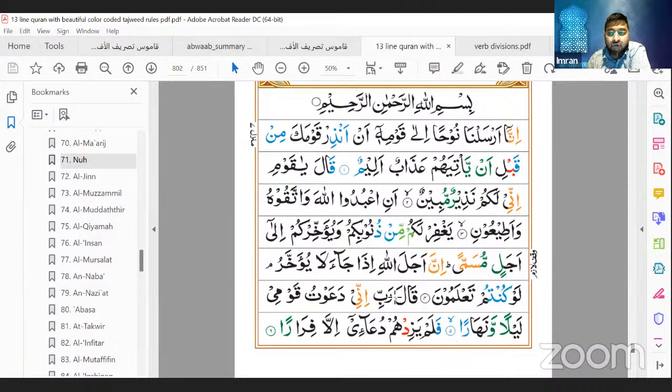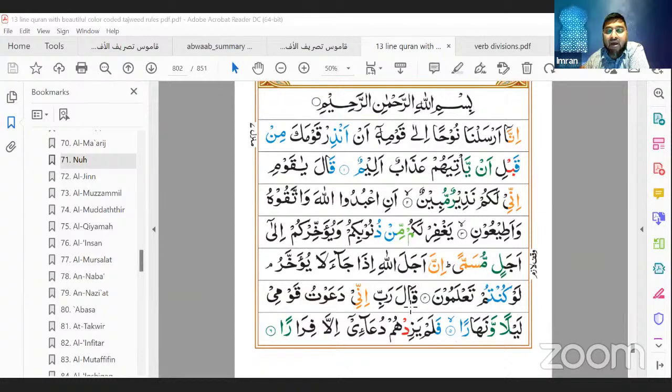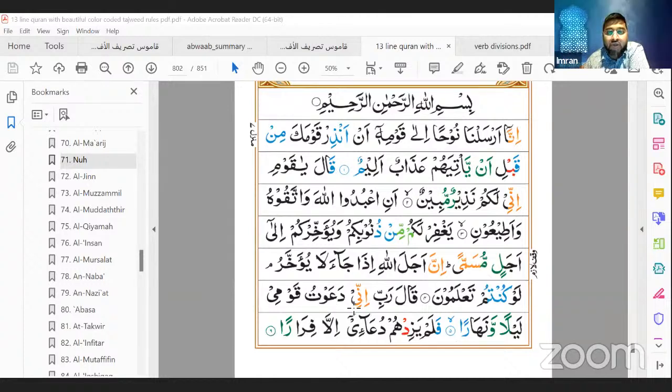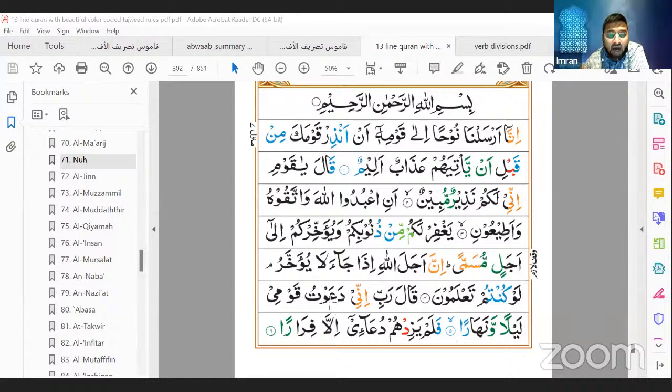Sister Zainab, as you're on, I want to ask you, Qala. He said. Who said? Hazrat Nuh alayhi salam said, Qala Rabbi. My Lord. He said, oh my Lord. So inni. So ya is coming, which is for I. Surely I. Indeed. The word da'awtu here, dal, ain, waw.